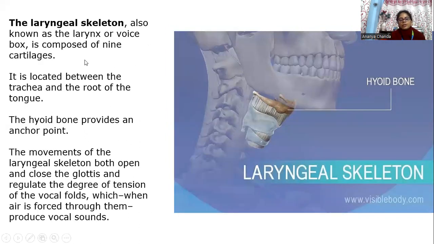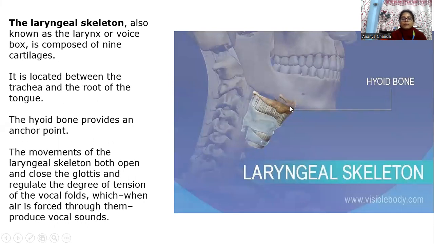Then comes the laryngeal skeleton, also known as the larynx. So this portion is the larynx. Larynx is also known as what? The voice box, or it is also known as what? The Adam's apple. Above the larynx, one bone is known as the hyoid bone. It is also known as the neck bone.